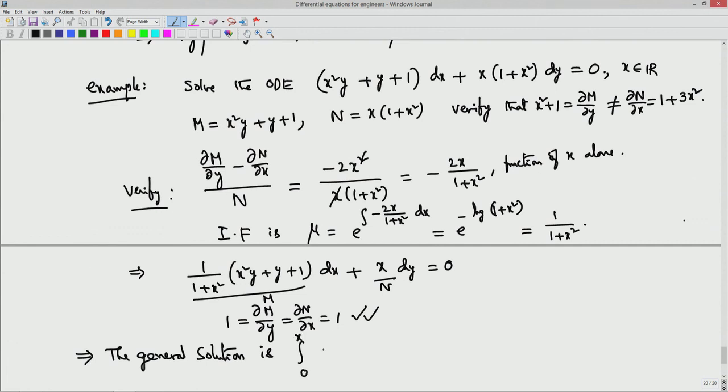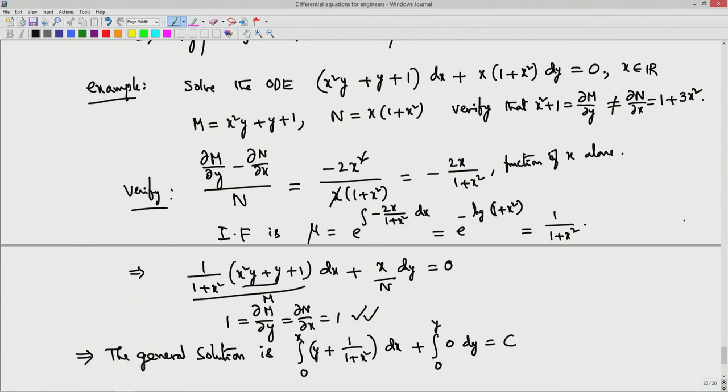So integral from 0 to x of (x square y plus y plus 1) divided by 1 plus x square, that is going to be y plus 1 by 1 plus x square, dx, plus y naught, which is 0, into y, and x naught put in for x is 0, so 0 dy, equal to constant.